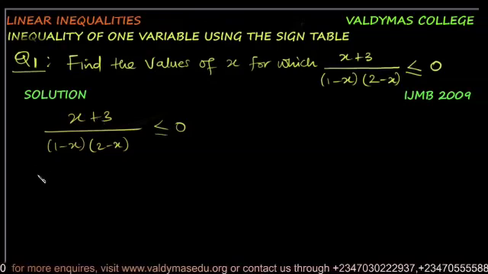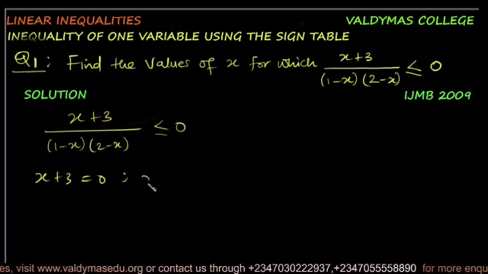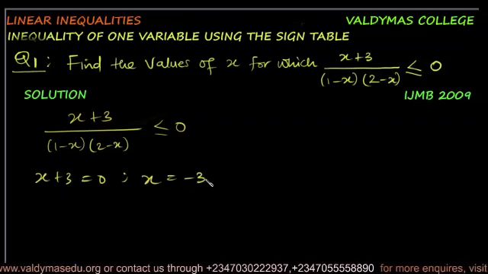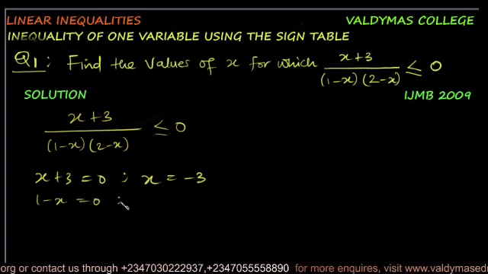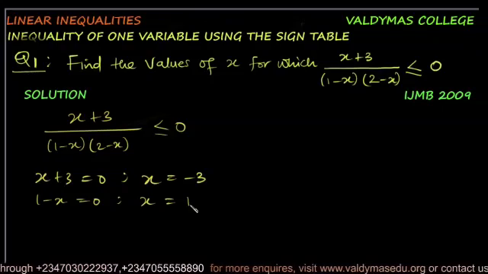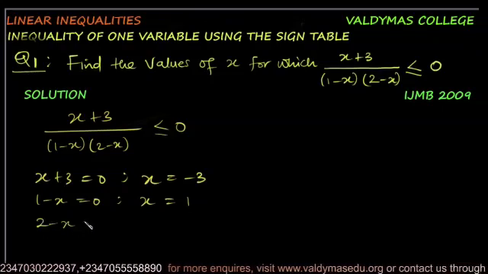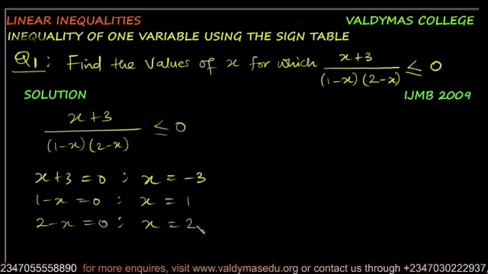That is, x plus 3 equals 0, then x will be minus 3. 1 minus x equals 0, therefore x is equal to 1. Then 2 minus x equals 0, x equals 2.